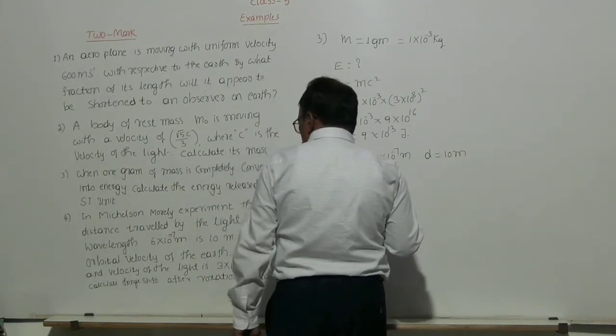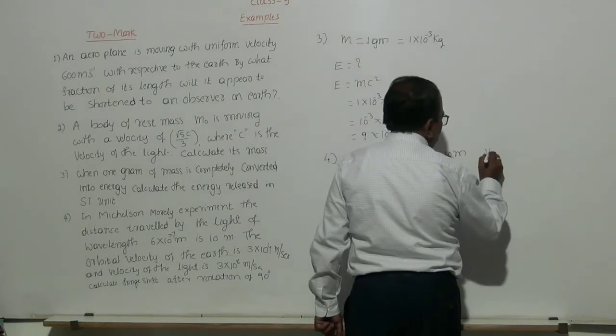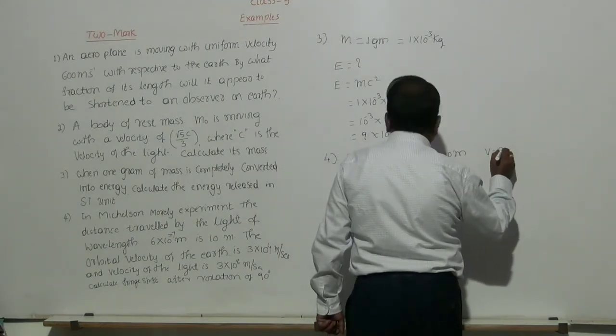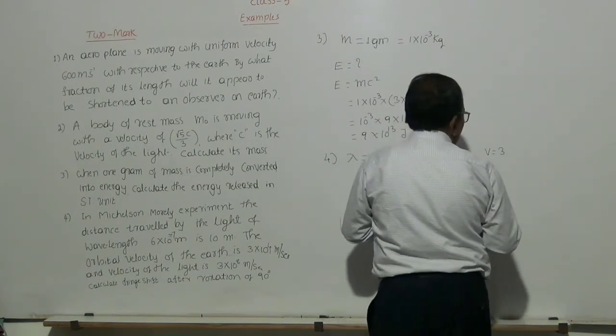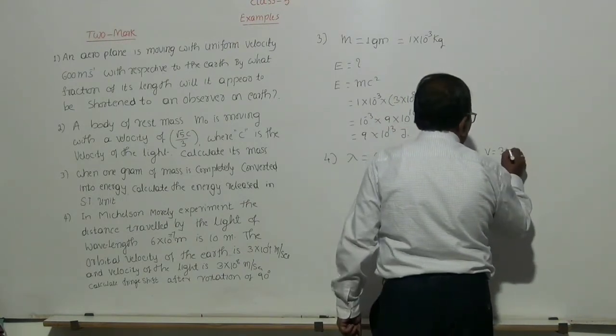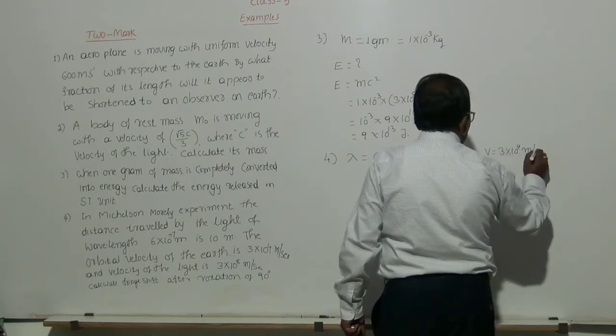The orbital velocity of the earth, v is given, of earth is 3 into 10 raised to 4 meter per second.